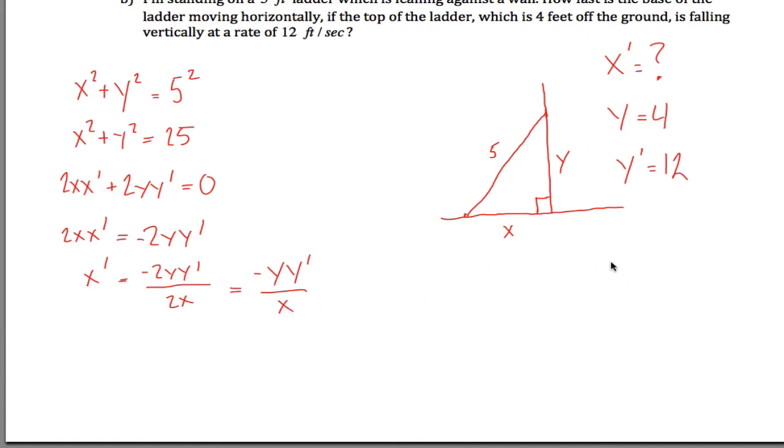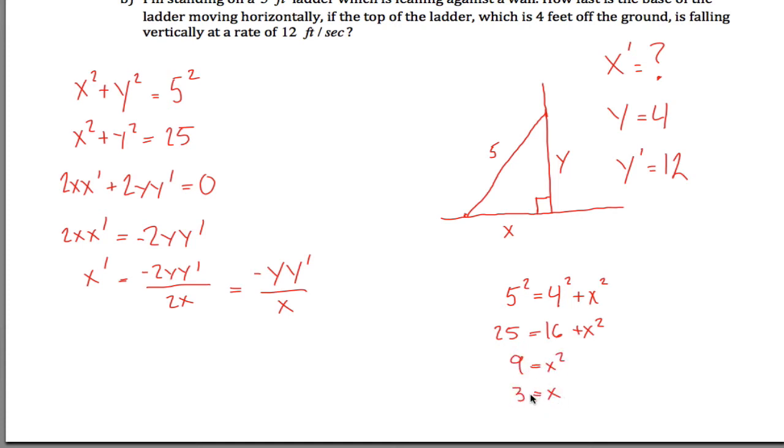Fortunately, I can figure out what x is. The way I figure out what x is when y is 4 right here, 5 squared should be equal to 4 squared plus x squared. I can solve this equation for x squared and get that x is equal to 3.